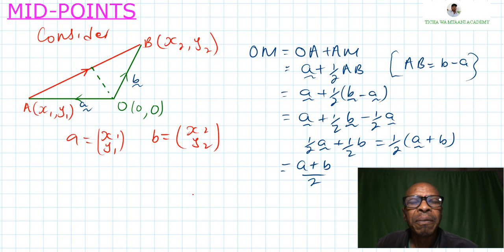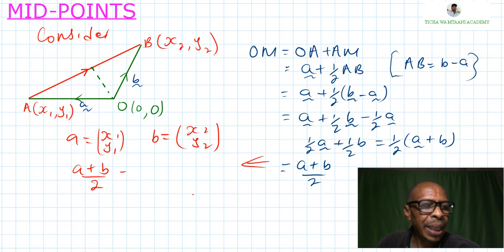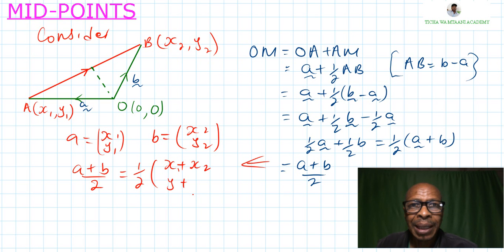Therefore, M is equal to A plus B, which is the midpoint we have worked out, divided by 2, which is a half of x1 plus x2 and y1 plus y2.